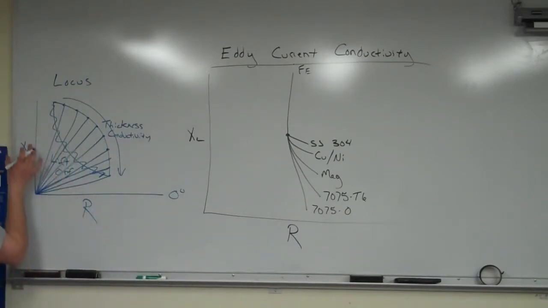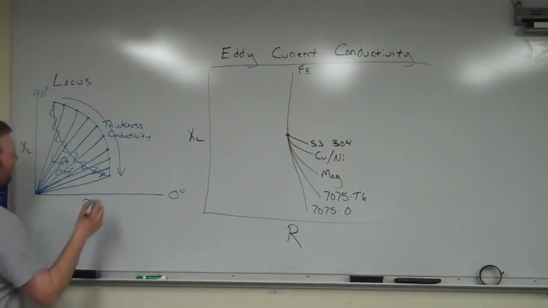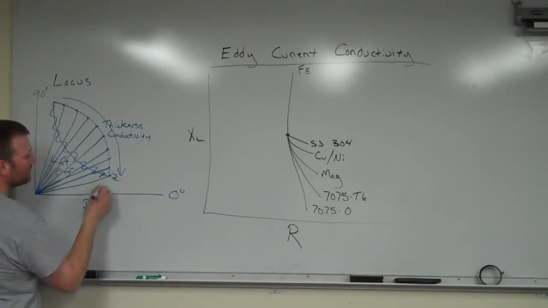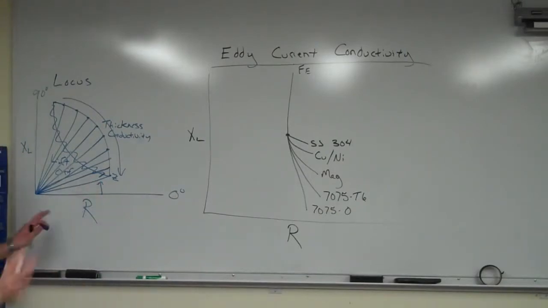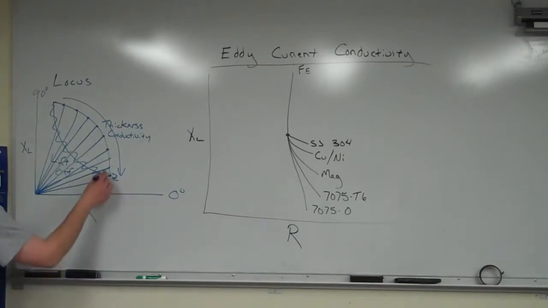In a circuit carrying only inductive reactance, phase lag is 90. So any one of these impedance points is going to have some amount of phase lag, whatever that may be.